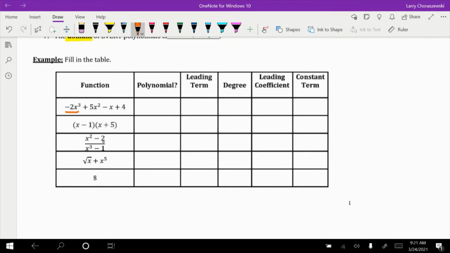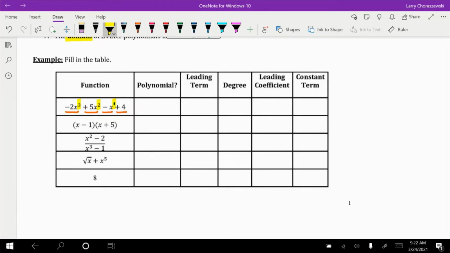Negative 2x cubed is a monomial, so is 5x squared, minus x, and positive 4. And the powers are good to look at too. Remember, the powers can only be whole numbers. 3 is a whole number, so is 2. x would have a power of 1. And if we wanted to write x with 4, x would have a power of 0.